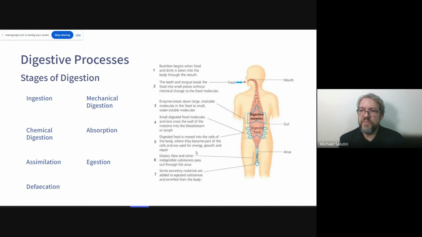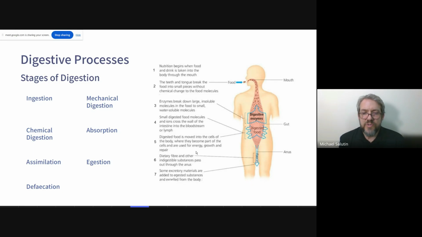And through this very thin one-cell thick layer, those simplified food particles such as the glycerol and fatty acids, the amino acids from the protein, and the glucose, simple sugars from the carbohydrates, are all small enough to go through the cell membrane and into the bloodstream in one case and into the lymphatic system in the other. So this is the absorption, and this is where the digestive system kind of parts ways onto 2 different paths.